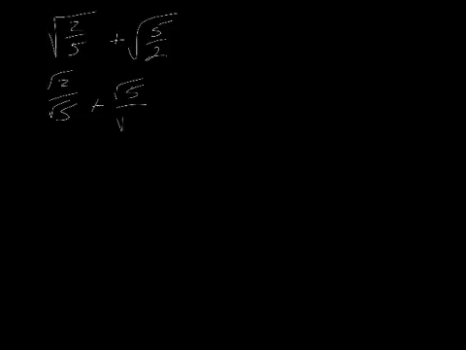So the square root of 2 over 5 plus the square root of 5 over 2 equals the square root of 2 over the square root of 5 plus the square root of 5 over the square root of 2. Common denominators are kind of a pain when you have radicals on the bottom, so again we multiply the top and bottom by the radical we're trying to get rid of, and that gets rid of our radical on the bottom.